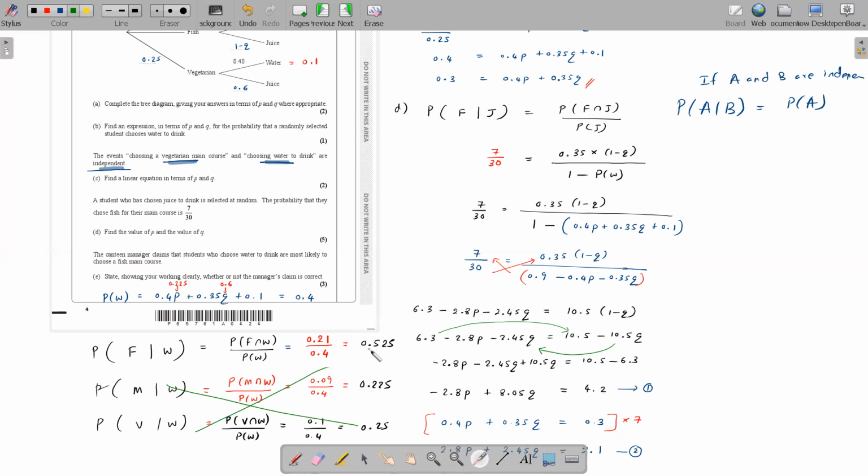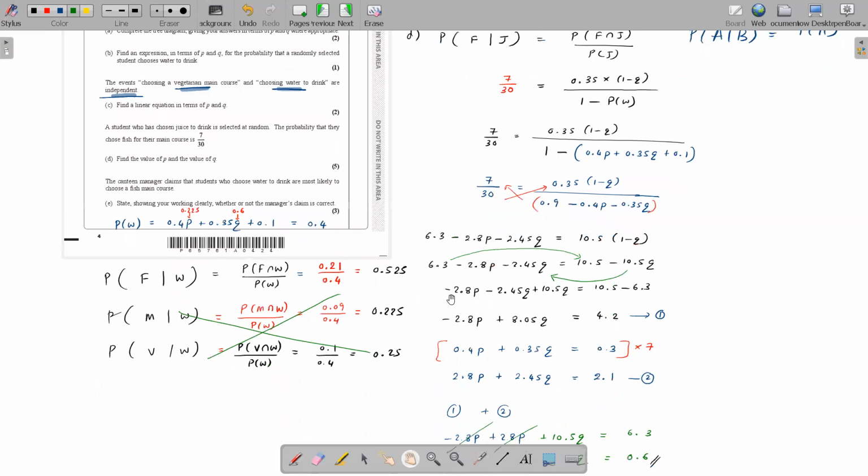Understood? Anyway, I have calculated all three here, but getting just one is enough, children. So you can write: the probability of fish given water is the largest.